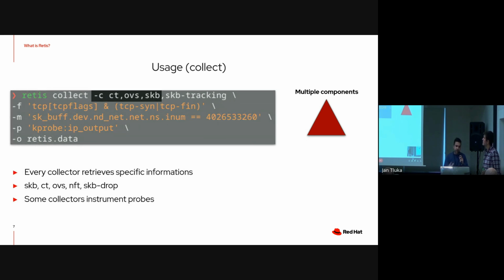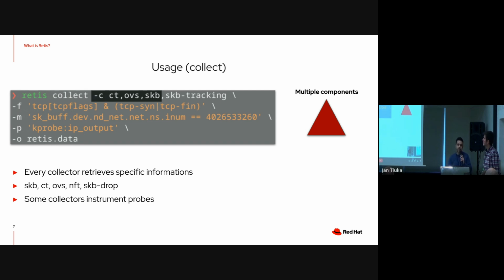And this part of the command line essentially enables collectors, and collectors retrieve specific information. For example, the SKB collector is capable of collecting information related to the packet itself, so L2, L3, L4 information, plus metadata associated with the packet. The connection tracking collector, of course, collects conntrack information.